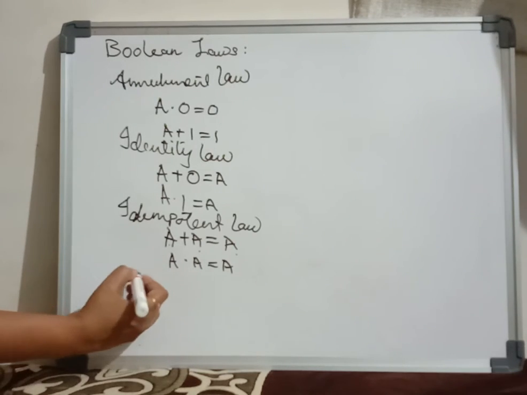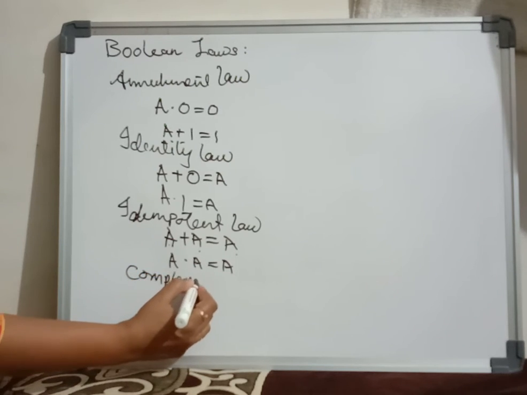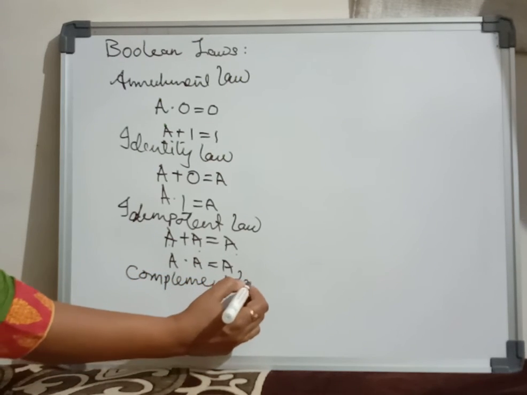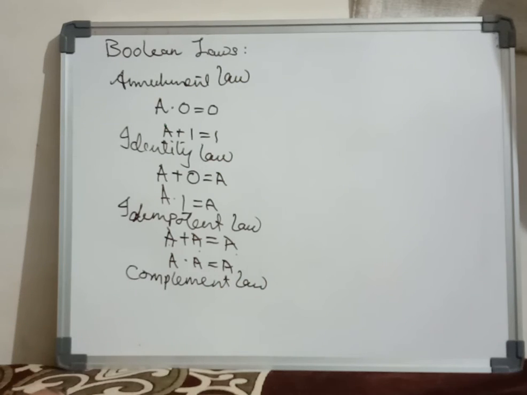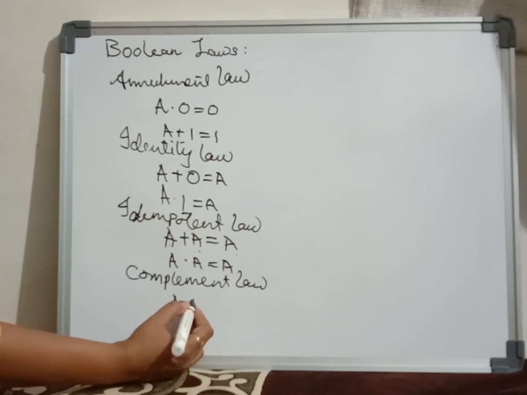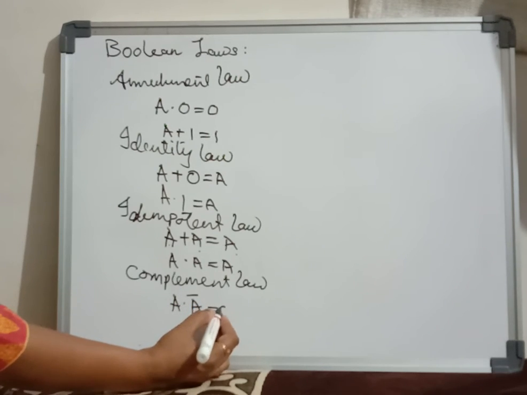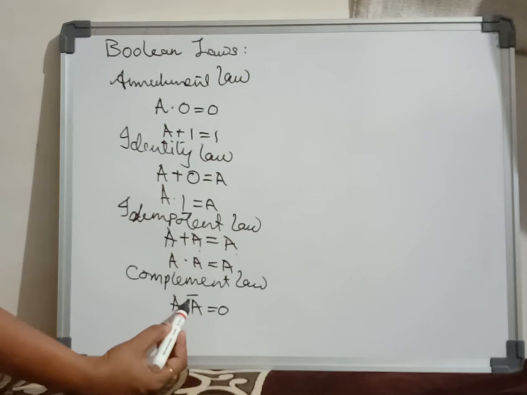Then complement law. Complement law says that A dot negation of A is equal to 0. Here we can say A bar or A negation, or even we can say A complement.